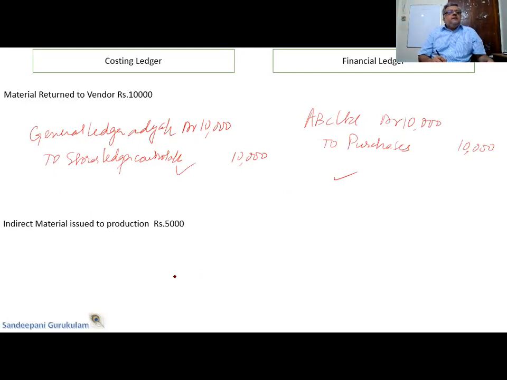Now indirect materials issued to production. Remember the cost sheet. Indirect material issued to production, what will it come as in the cost sheet?